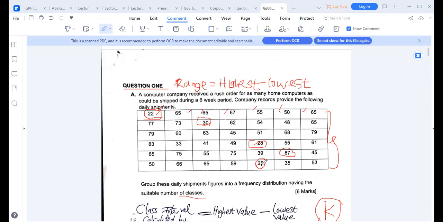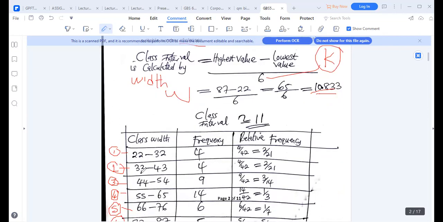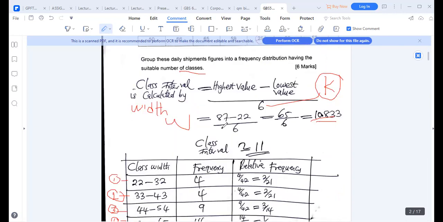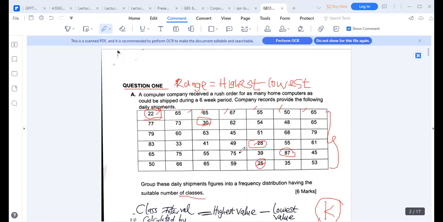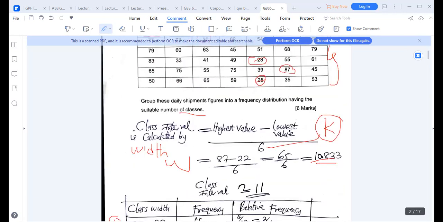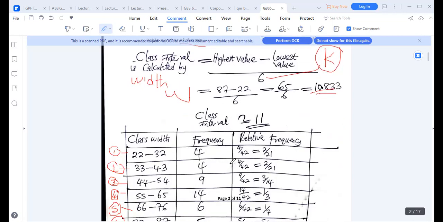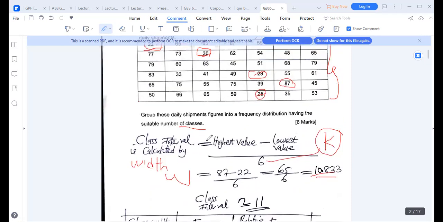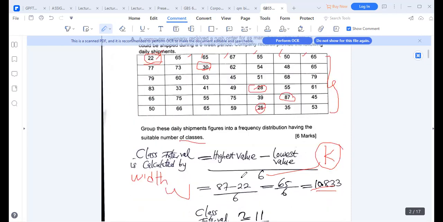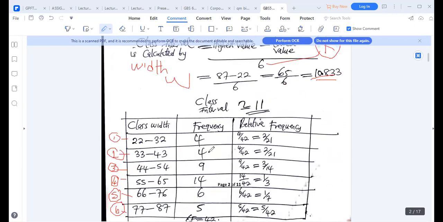So similarly, as we get down to the other one, 33 to 43, counting them accordingly from here after grouping using this criteria, we had found 4. So just paying attention to details, we had found 4 there as well. 44 to 54, there were 9.